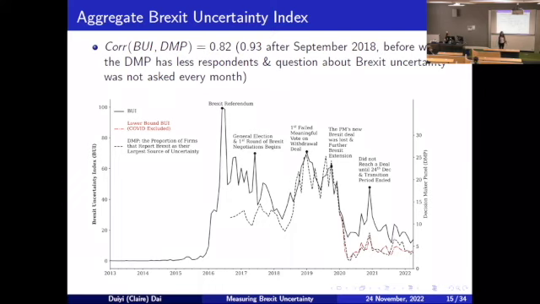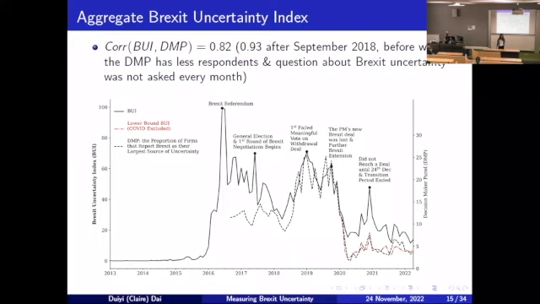It's for the Decision Maker Panel. This is a survey conducted by the Bank of England. It is focused on firm managers, like the CEO and CFO of the firms. For example, in this survey, they will be asked, do you think Brexit is a source of uncertainty for your business?